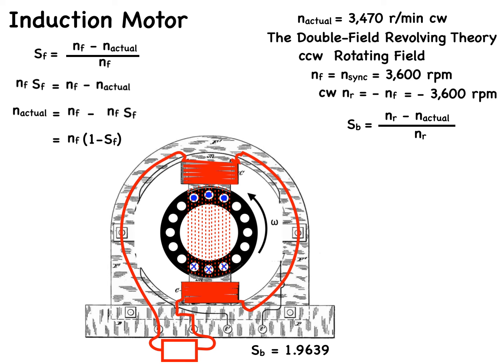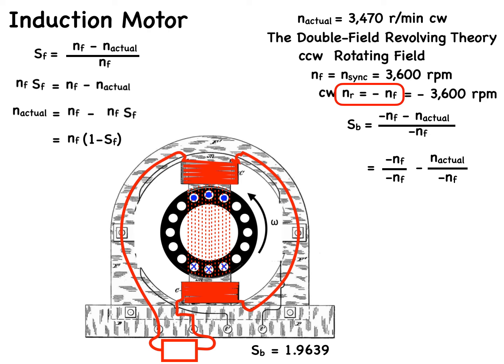Returning to our original definition of the backward rotating phasor slip SB, I'm going to replace NR with minus NF, the forward rotating phasor, and our equation will now look like this. I'm going to restructure this single fraction and replace it with the mathematical equivalent of two fractions.